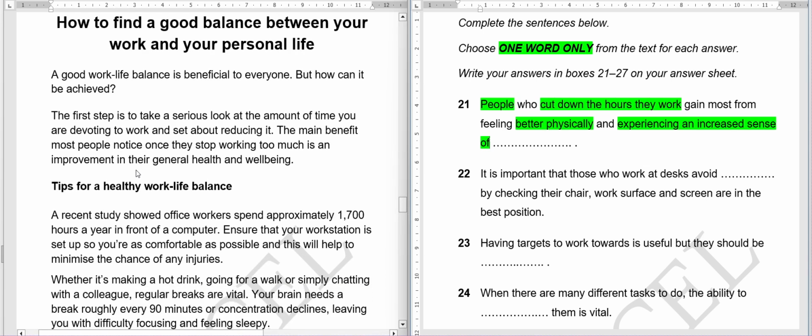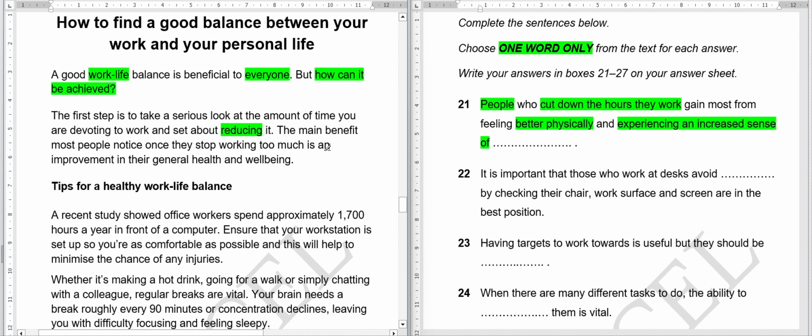A good work life balance is beneficial to everyone, but how can it be achieved? As I told you earlier, work life balance means working life and personal life. So this balance is beneficial to everyone, obviously everybody wants it, but the main question is how can we achieve it? The first step is to take a serious look at the amount of time you are devoting to work and set about reducing it. So you should try to reduce the time that you're devoting to your work.